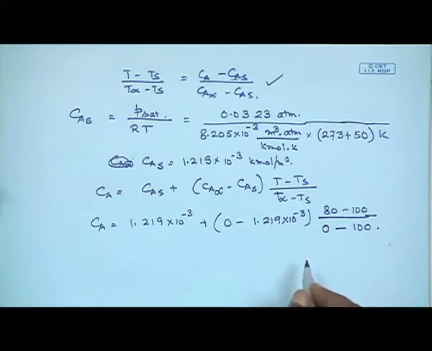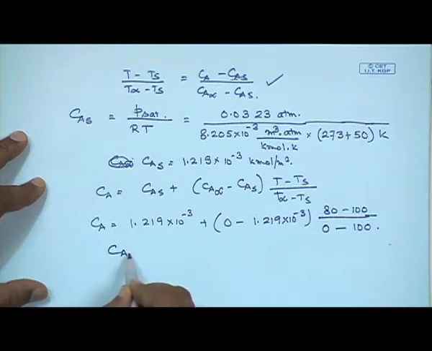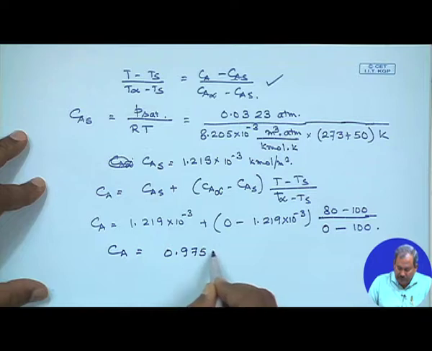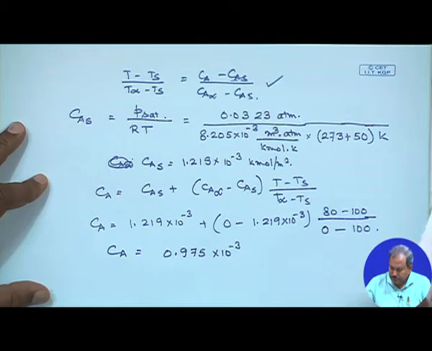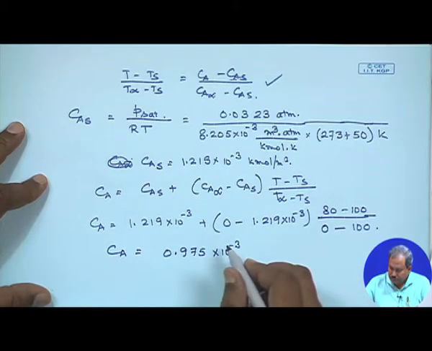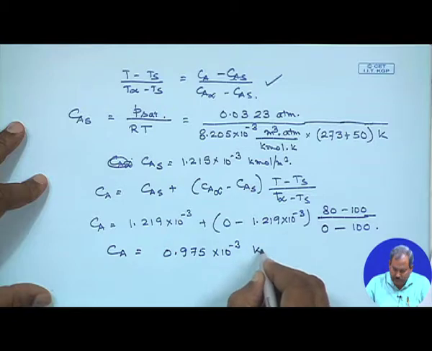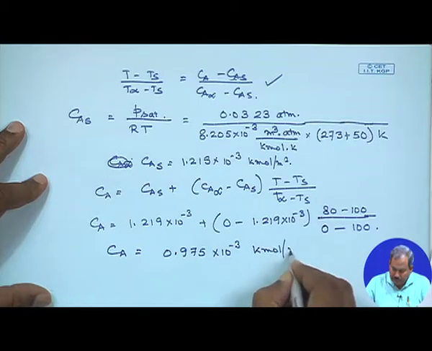When you do that, you are going to get CA to be equal to 0.975 into 10 to the power minus 3 kilomole per meter cube.